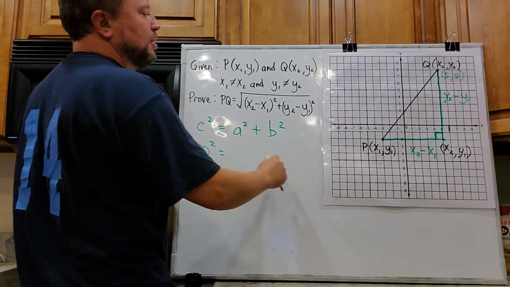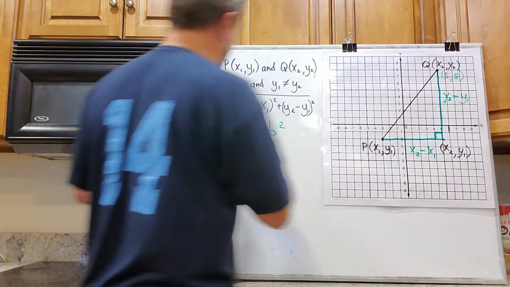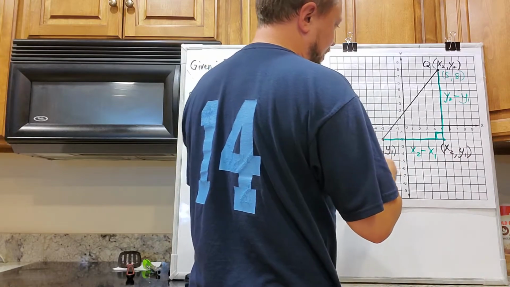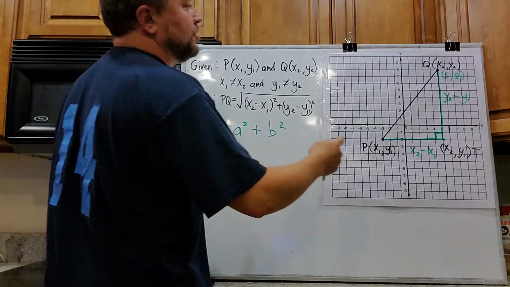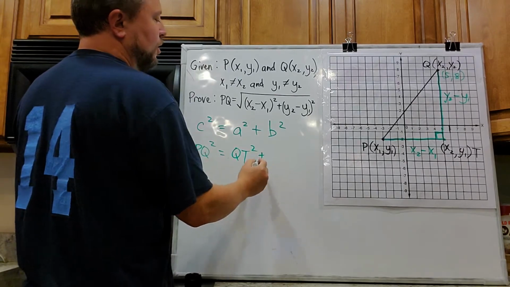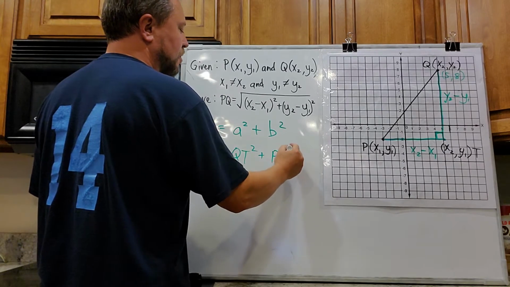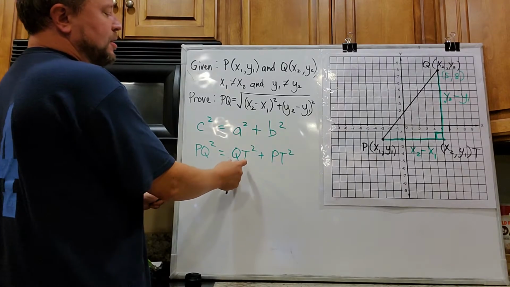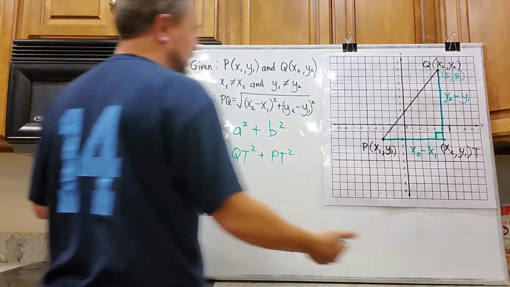And my legs, A and B, technically you could put in, just like I did here, the PQ, you could put in the letters, like if I call this point, let's say point T, you could start by calling this QT for one leg and PT for the other one. But then again, now I'm just going to go ahead and replace those anyways. The QT was this one, right? So I'm going to replace that with the y2 minus y1.